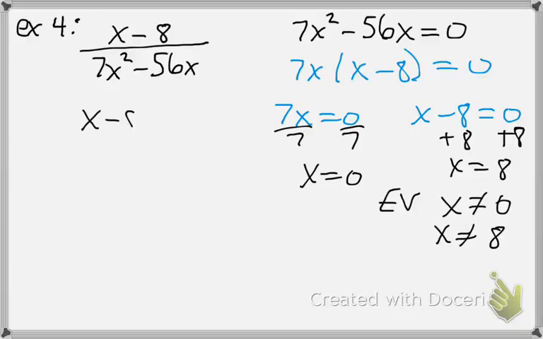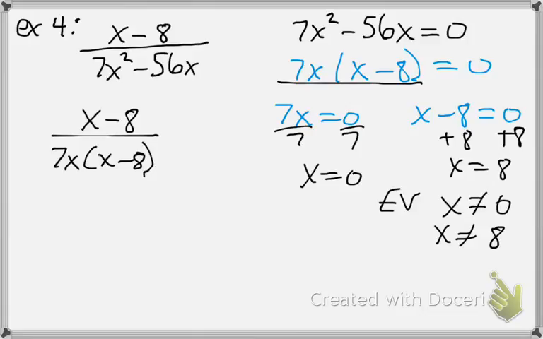Step 2 was to factor my numerator. Well, x minus 8 is already factored, so I copy it down. Step 3 then was to factor my denominator. Well, we're in luck. We already did that over here. So I have a 7x and an x minus 8. Step 3 is now done. So now all we're left with is the last step, to simplify.